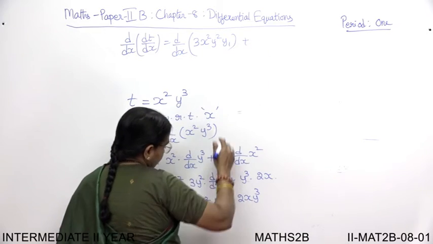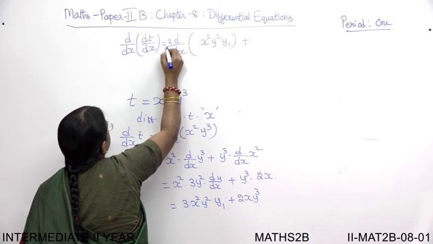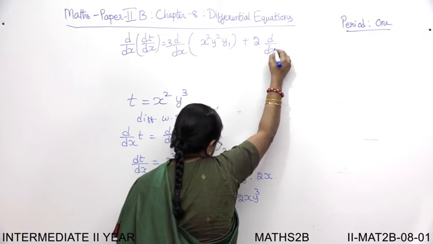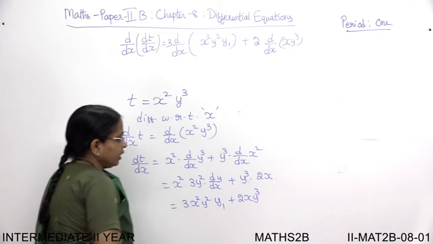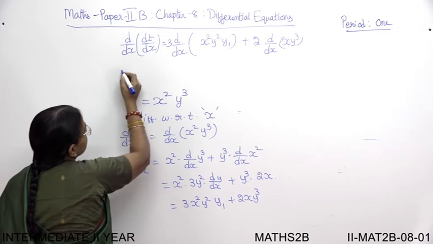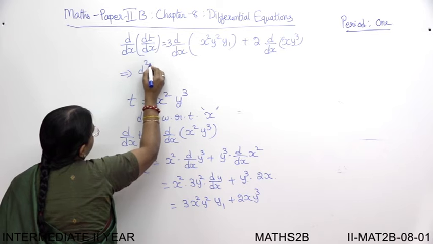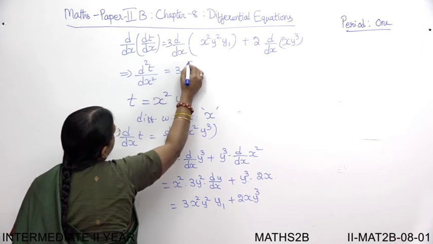I can write the 3 outside because it is a constant, plus 2 into d by dx of xy cube. Now this is nothing but d square t by dx square.